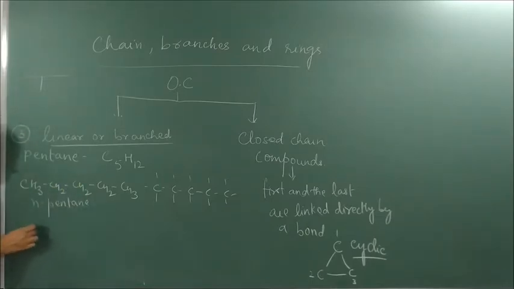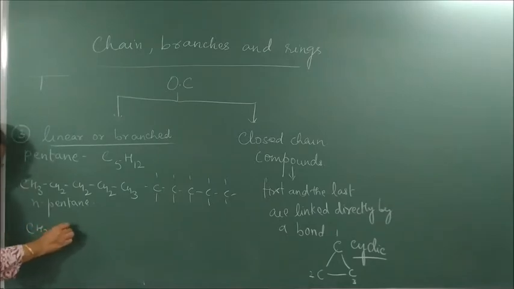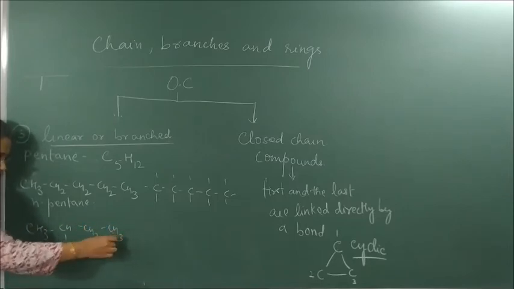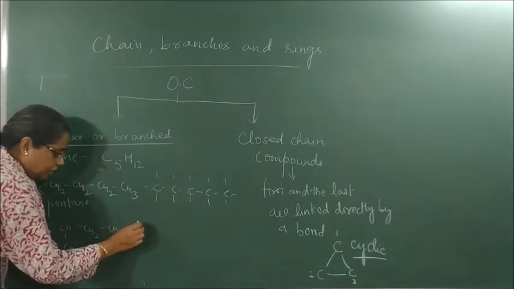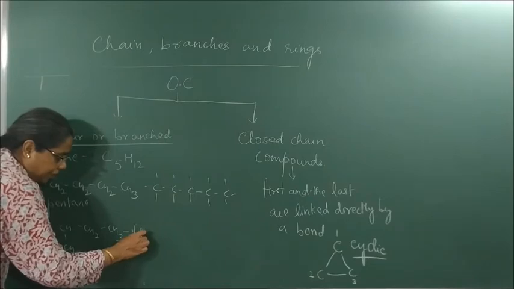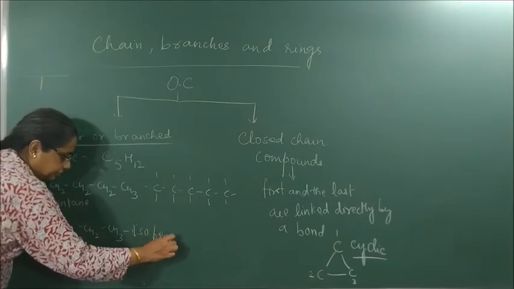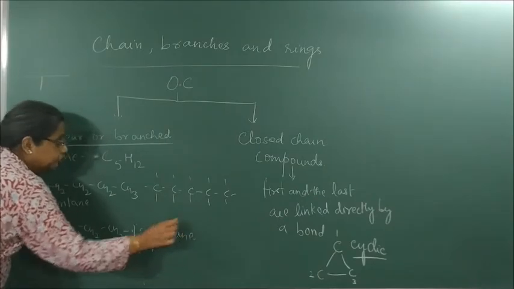Correct? Now next, CH3, CH, CH3, CH2, CH3. How many sided branching? One-sided branching. So it is called what pentane? Isopentane. Fine.